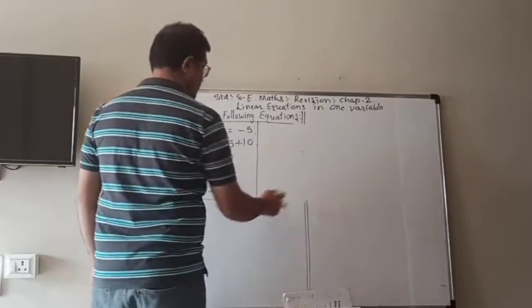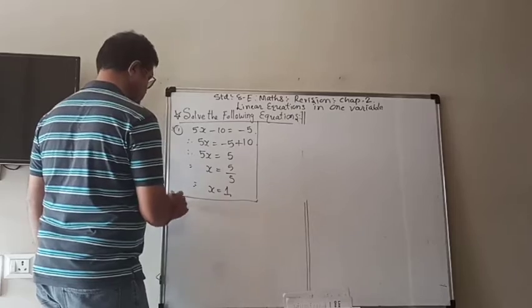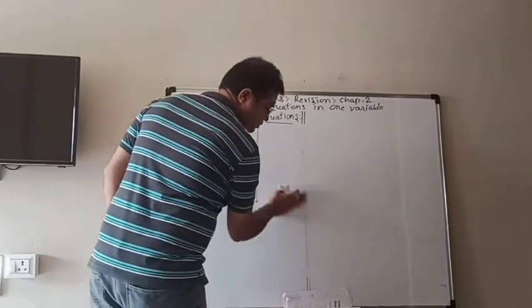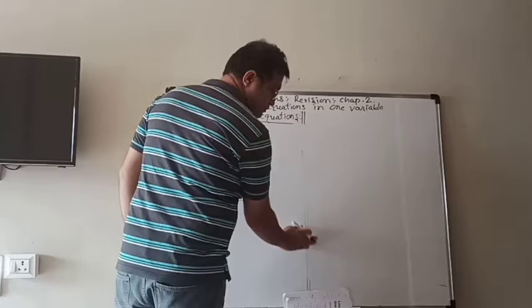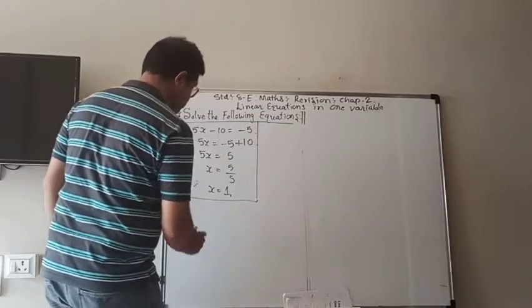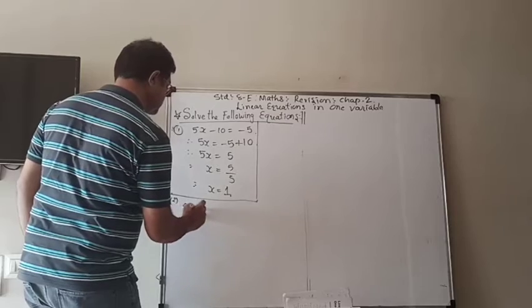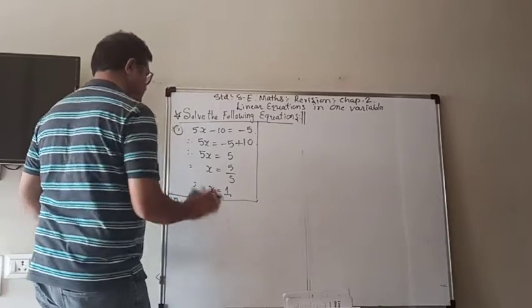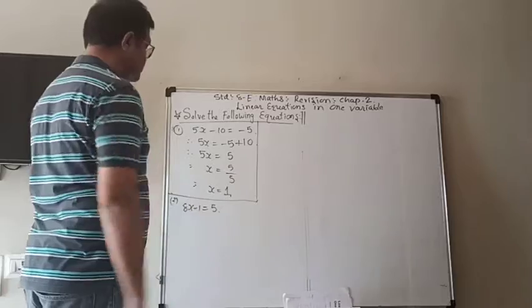So let's do another one. 8x minus 1 equals 5. First we will take some simple and then little difficult.